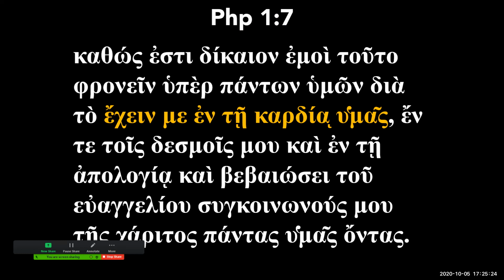Because I have you in the heart. Hymas, you, accusative. That's one possibility, but the other is also the other way around. Hymas is also accusative. So it could be because you have me in the heart, and then the me would be emphasized because it's put forward in the sentence. Both are possible: because I have you in the heart, because you have me in the heart.